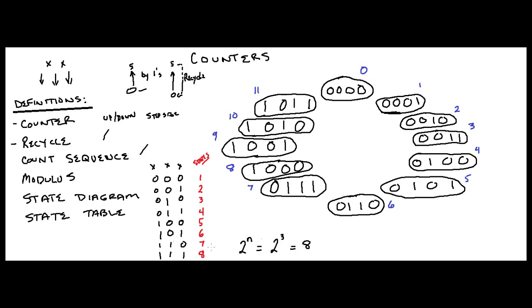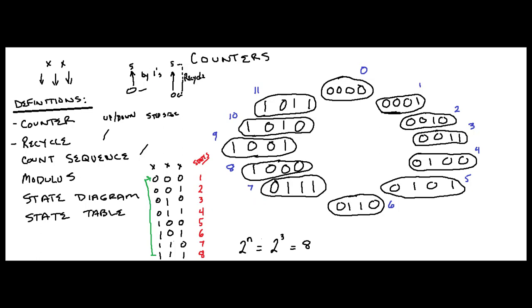That is a full sequence counter, because if you repeat or recycle at that point, it's going through every state and it comes back. So now you have a full sequence counter.